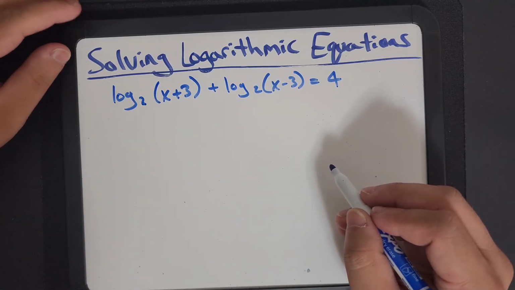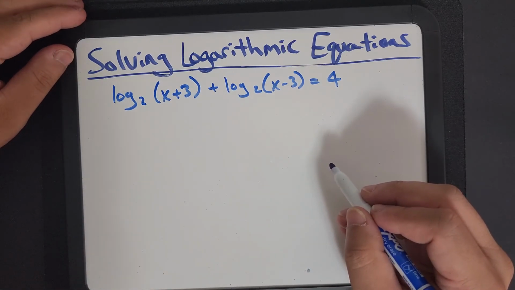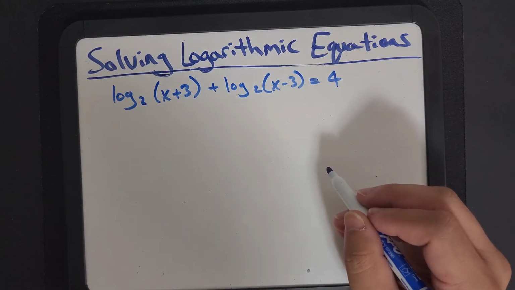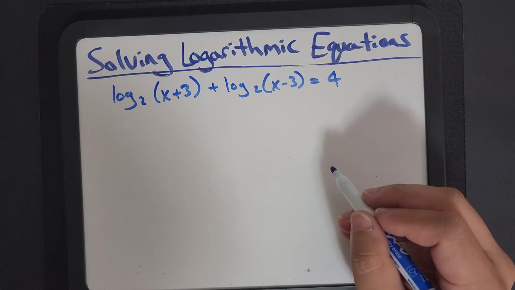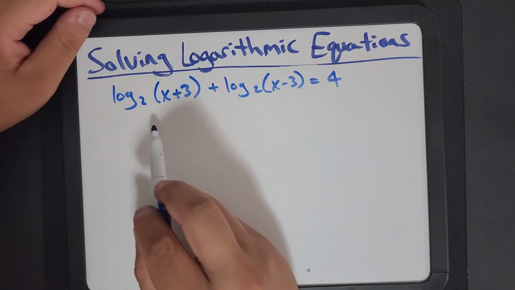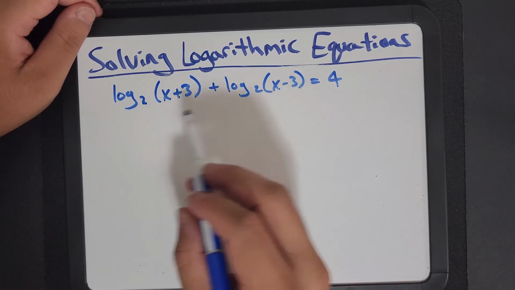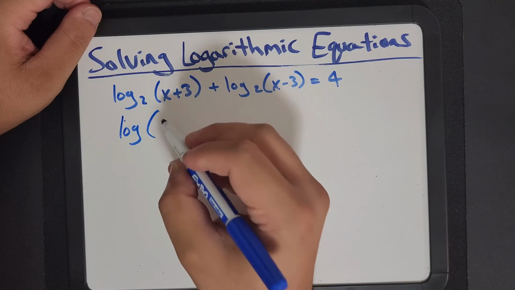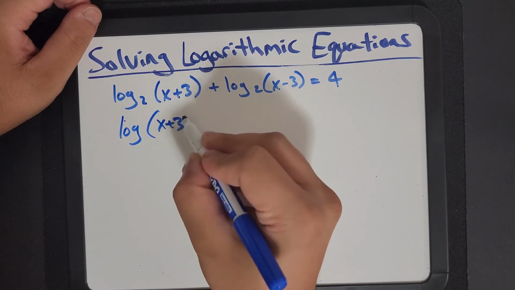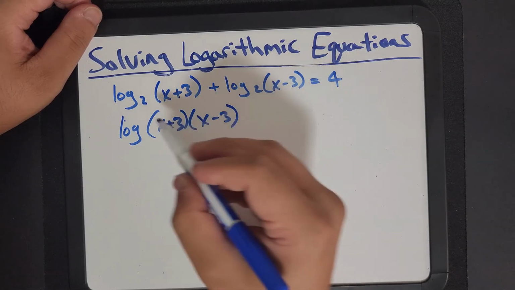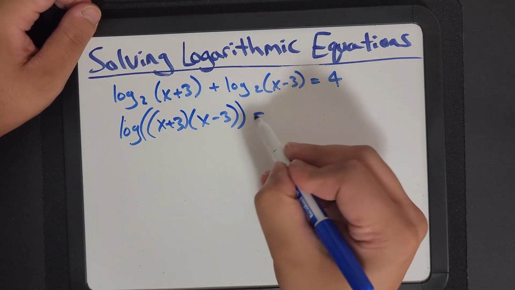Now, let's approach this with all of our knowledge of logarithmic expressions, equations, and the laws. I see I'm adding 2 logs here, so I can turn that into the product law: x plus 3 times x minus 3 equals 4.